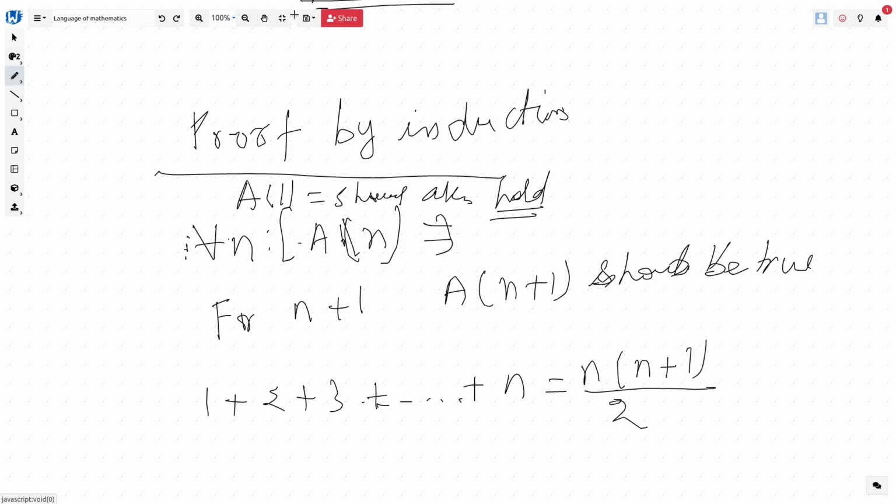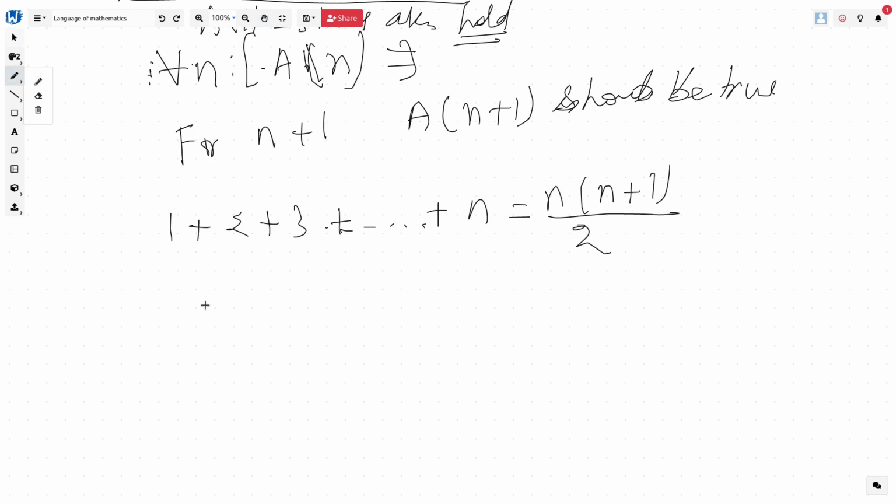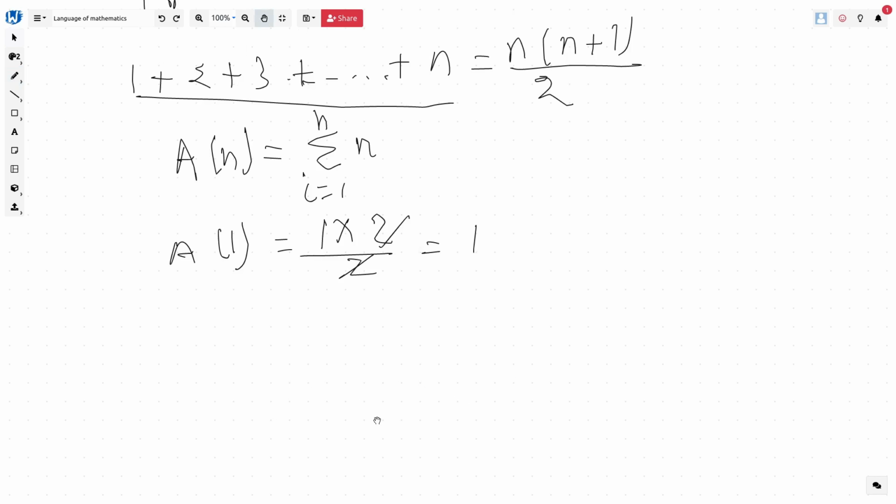In order to prove this, first we find, so our expression here a_n is this part, which we can also write like that, n, right? Now if you find a_1, we know that the sum of this will be only 1, so if you put the value 1 here, it will be 1 into 2 divided by 2, so we see that this is correct, right?